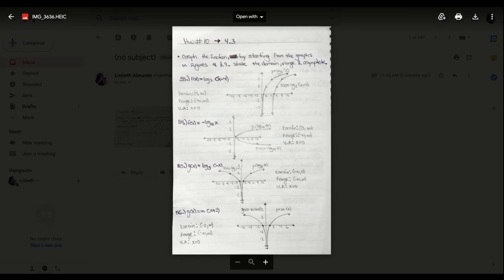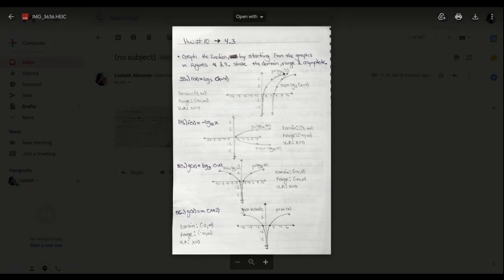The x minus 4 is a horizontal shift, so it's shifting to the right 4 units. The domain is from 4 up to infinity. The range is from negative infinity up to infinity. The vertical asymptote is x equals 4.